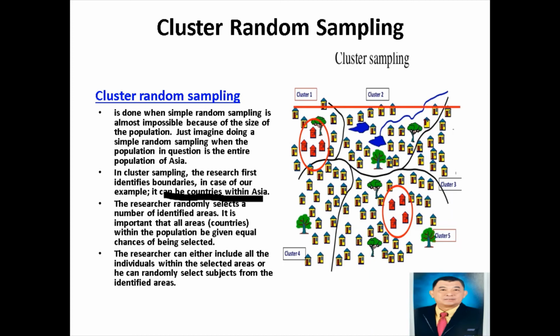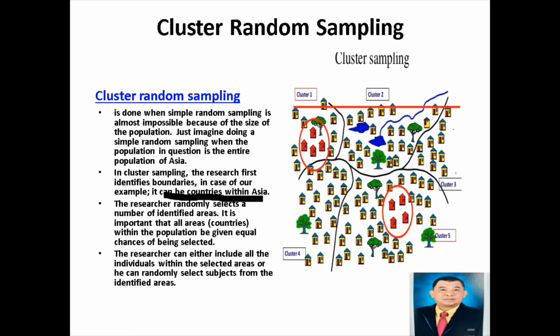So you can use cluster random sampling. Or, for example, if you want to study early pregnancy of teenagers in Quezon City. Quezon City is a very large population, so you can use cluster random sampling for that matter.